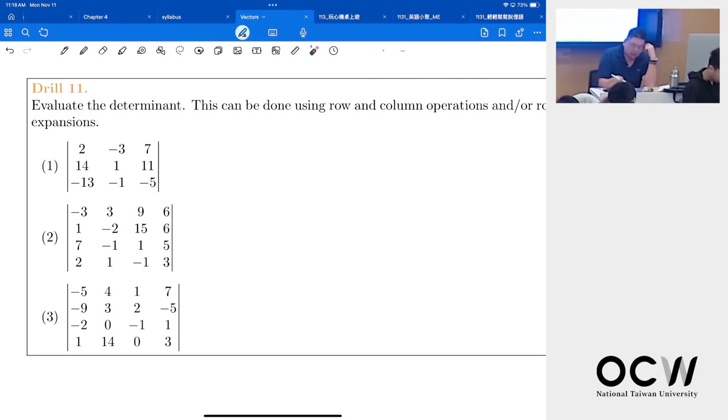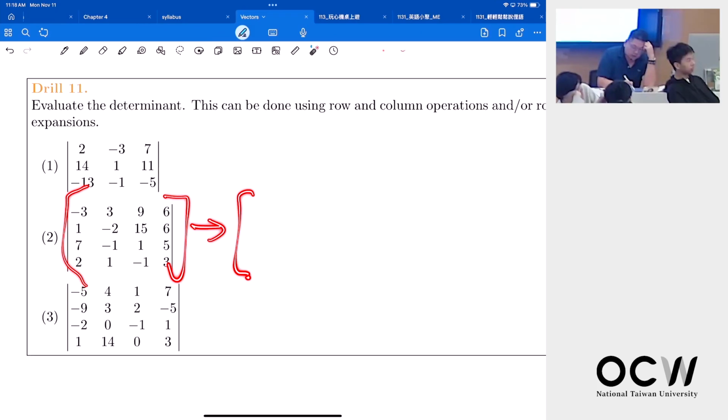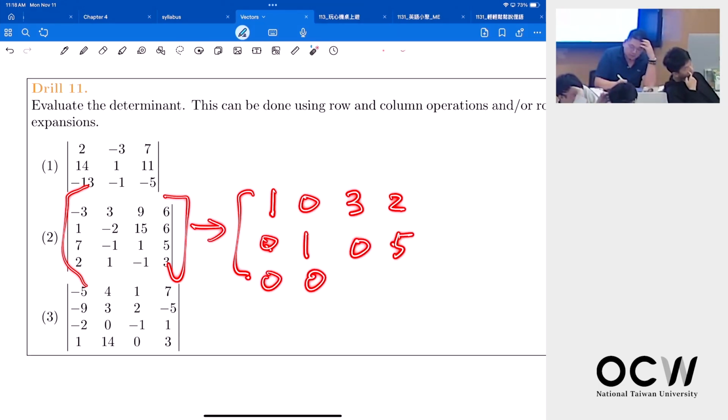But if you can simplify this matrix first, simplify it to, for example, 0, 1, 3, 2, 1, 0, 3, 2, 0, 1, and 0, 5, and 0, 0, 1, 3.